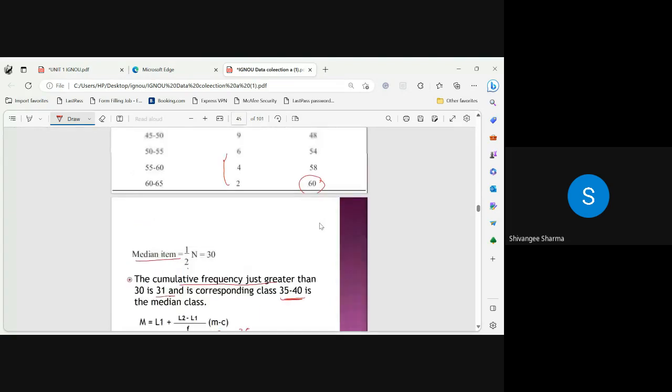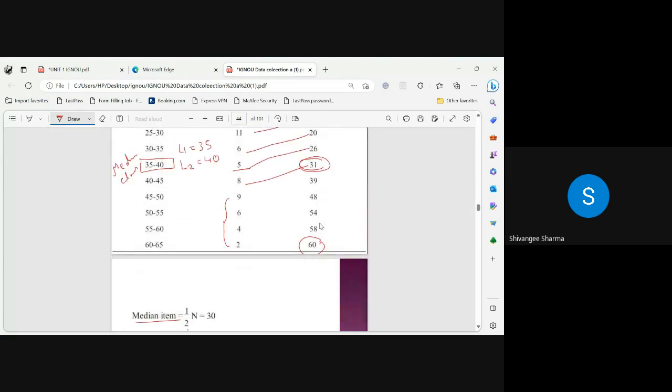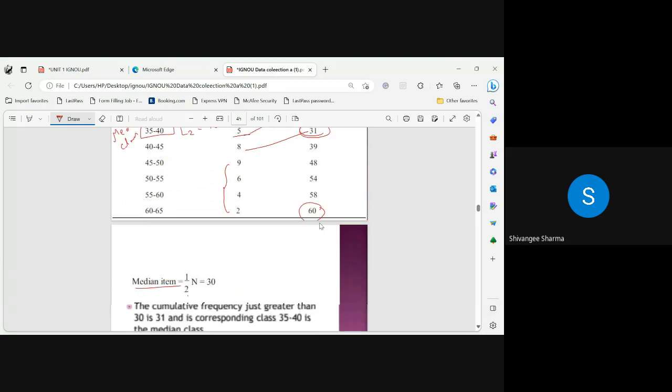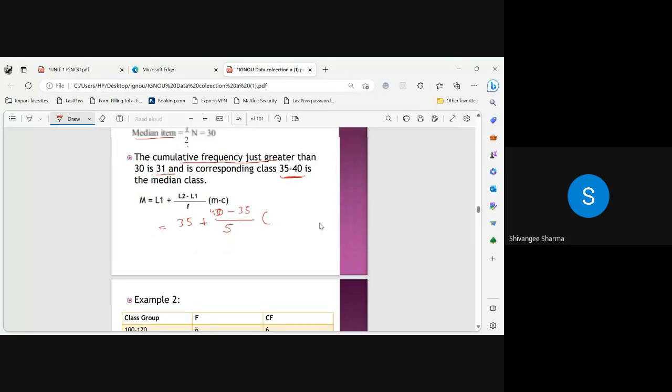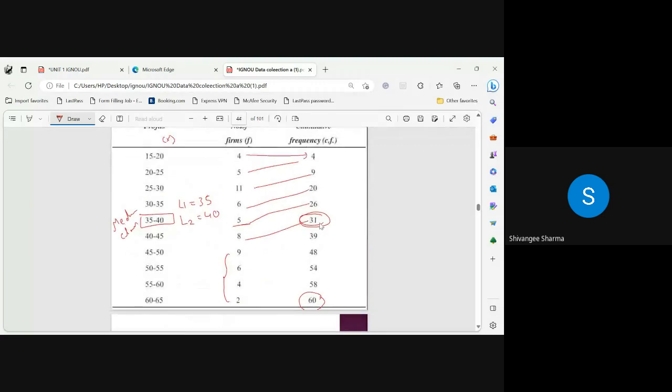The class 35 to 40 has the frequency 5, so you can divide by 5, and the mid value of 35 and 40, right? 35 plus 40 divided by 2, and the CF corresponding to the previous class, right?